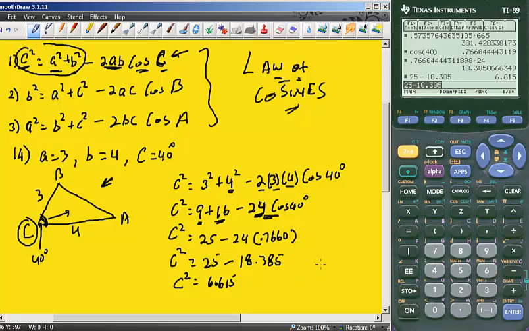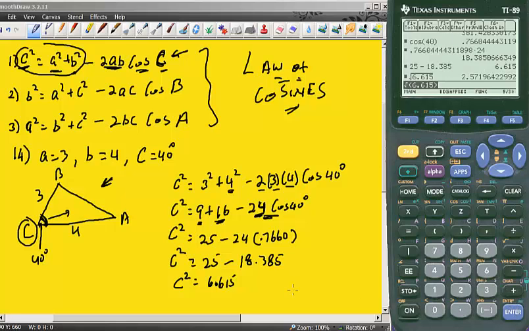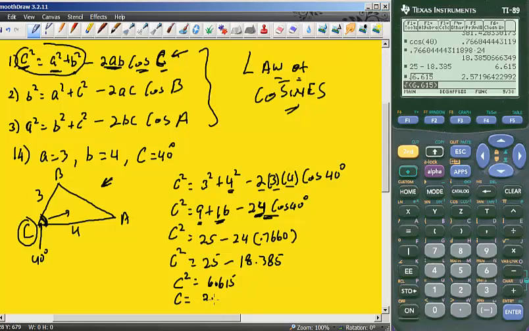My c is the square root of that, so let's take the square root of 6.615. That turns out to be c equal to 2.572.